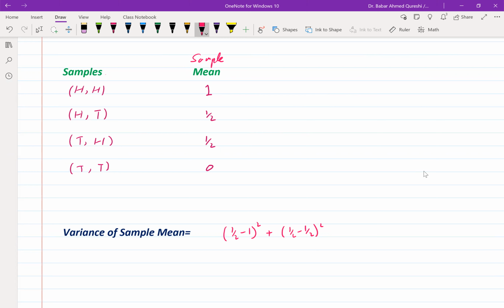So I already know, I don't need to compute, that the mean of the sample means is equal to the population mean, which is half, which is the number coming up here.